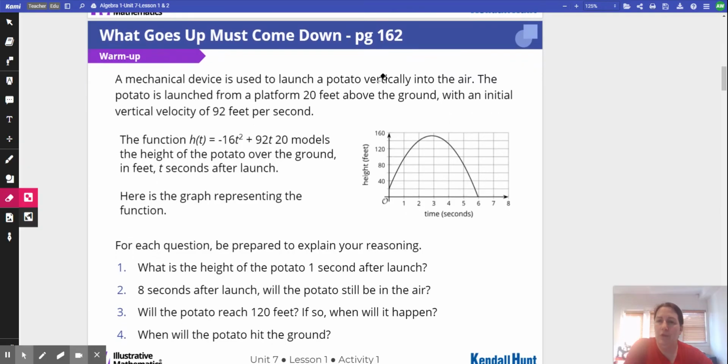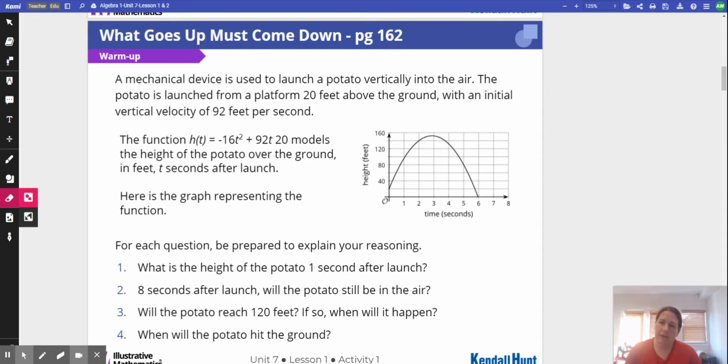We're starting out on page 162 in your workbook. It says, what goes up must come down. So the warm-up says, a mechanical device is used to launch a potato vertically into the air. The potato is launched from a platform 20 feet above the ground with an initial vertical velocity of 92 feet per second.